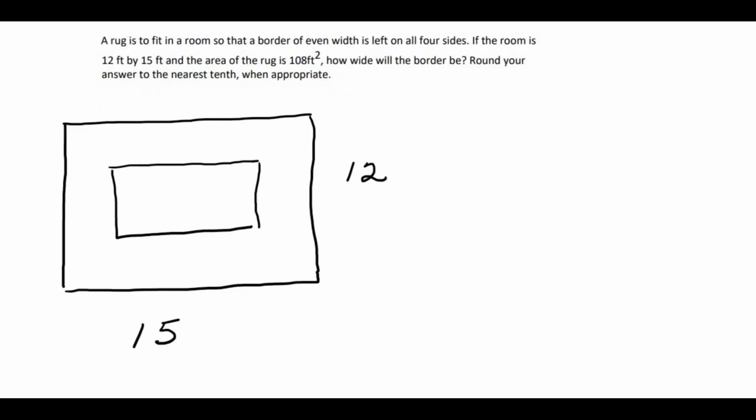Okay, my room is 12 by 15, and the rug that is going in the room I do not know the dimensions of, but I do know that this border is going to be the same on each side, and we're going to call that X. So looking at this horizontal line here, I know that the length of this rug is going to be 15 minus 2x.